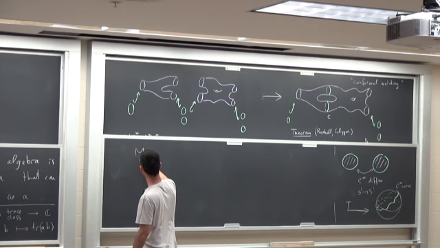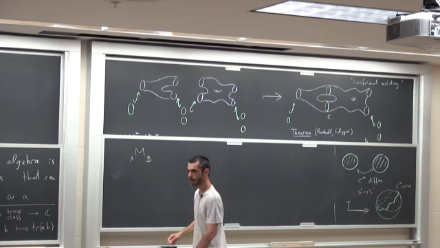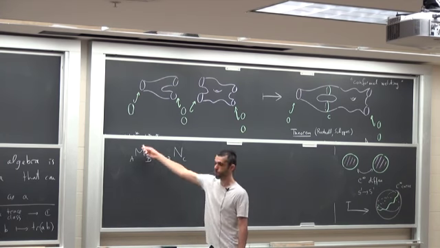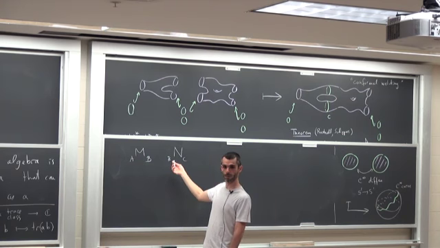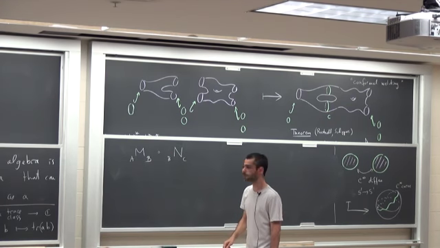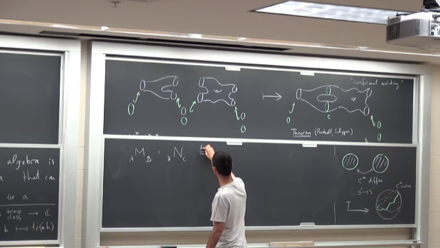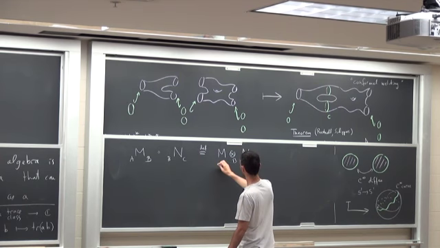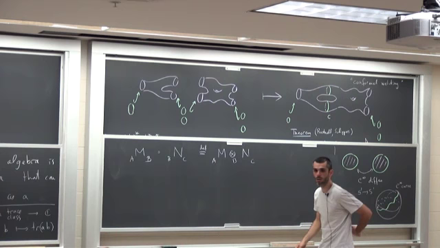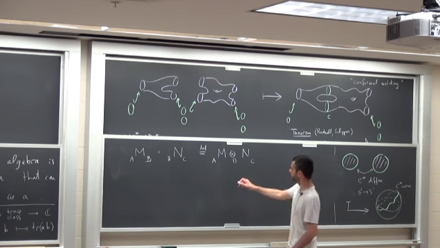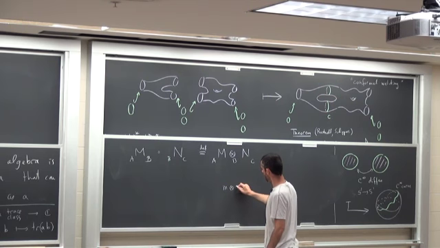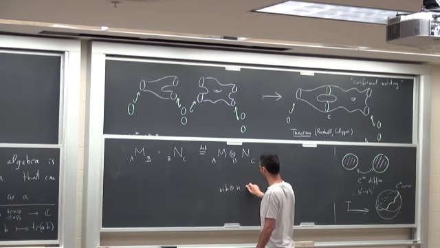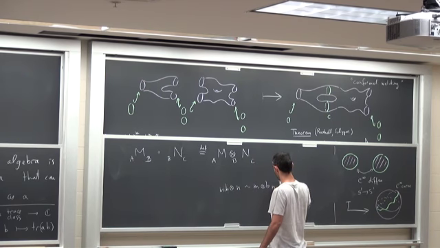If I have a bimodule M for some rings A and B, and another bimodule N between a ring B and a ring C, then I call this a one morphism from A to B, and that a one morphism from B to C, and the composite of those one morphisms is defined to be the tensor product over B. So you take the usual tensor product between M and N, but then you impose the extra relation that this be the case.